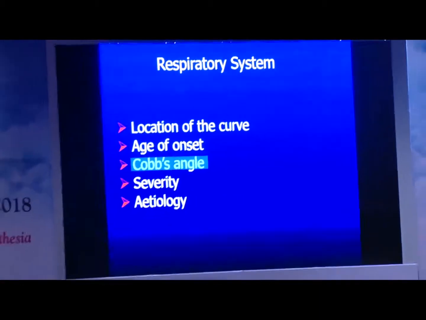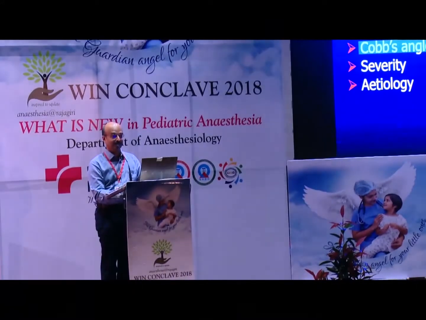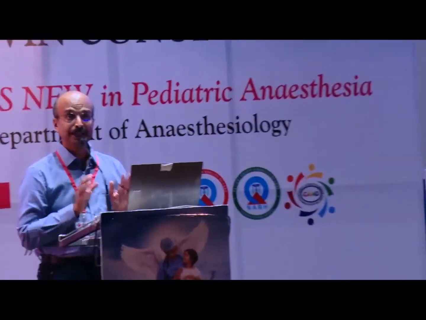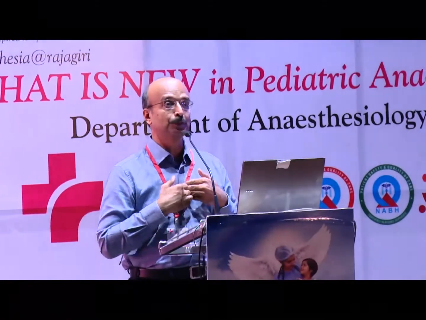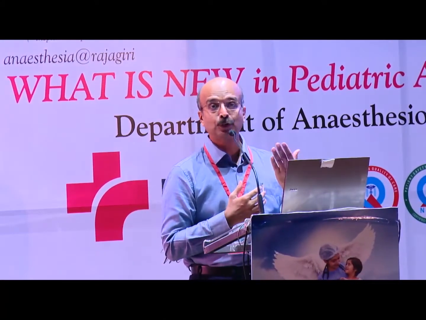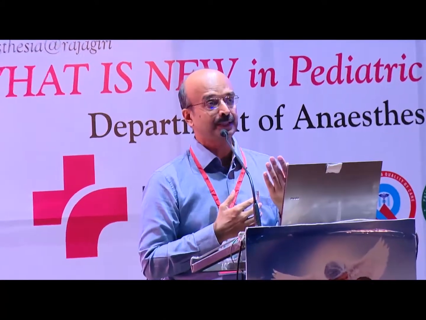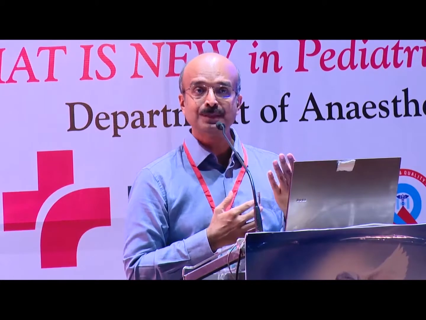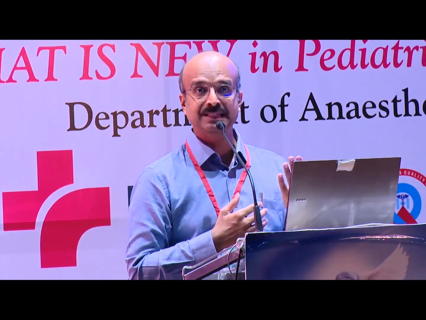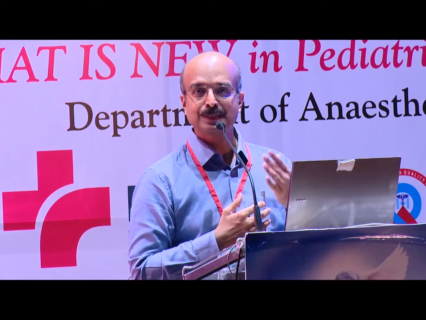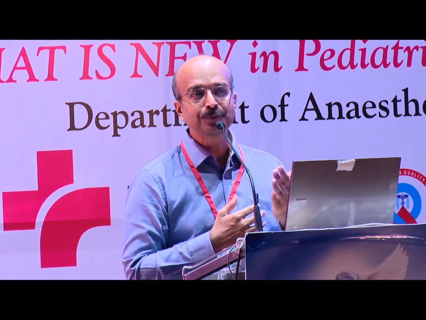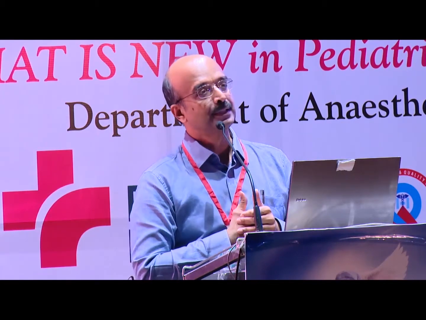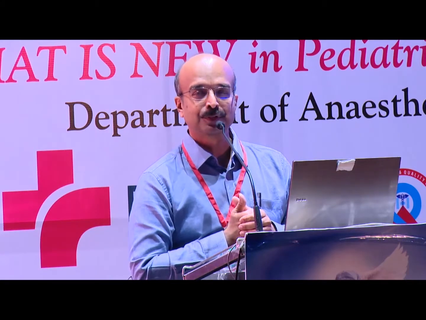important one. And all of you as postgraduates would have read about Cobb's angle. It's very important as an anesthetist, when you do a pre-anesthetic evaluation, to note the Cobb's angle. Usually the surgeon asks for surgery when it is more than 50 to 60 degrees. Less than that, it is mainly cosmetic, but at 50 to 60 degrees the surgeon would ask for a surgical procedure.